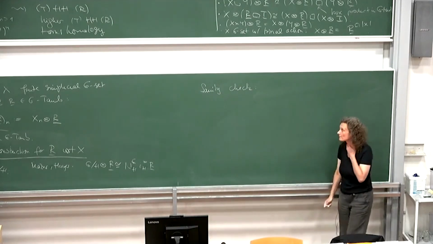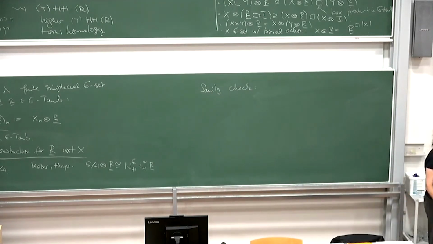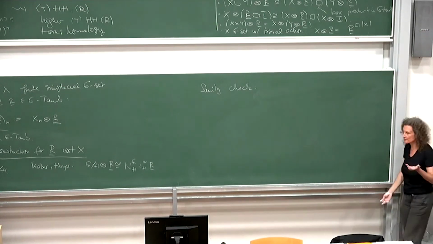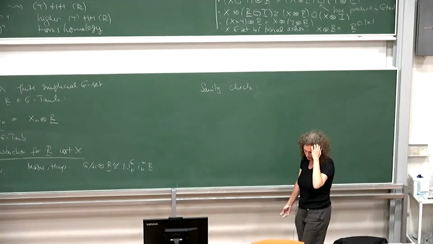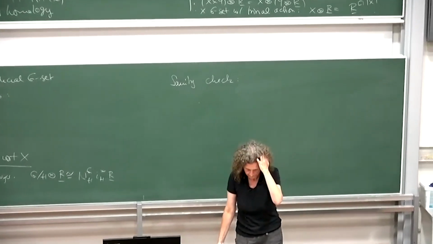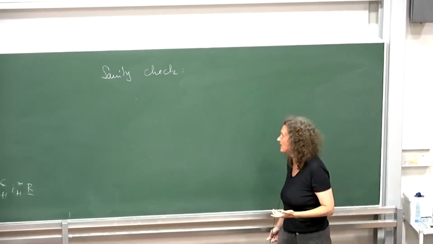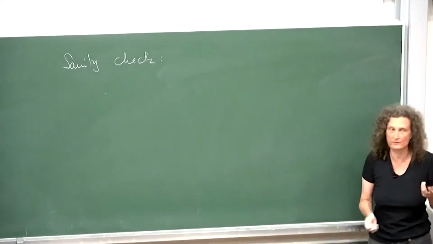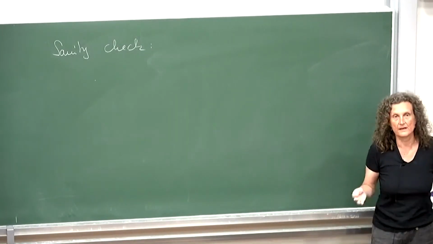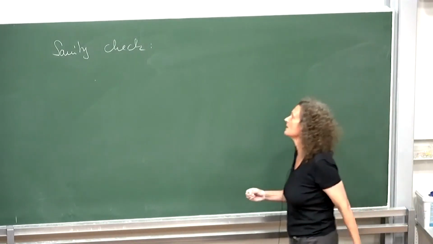So if you have a finite simplicial set and you view it as a simplicial G-set with trivial action, and if you just plug in a commutative ring and you view it as a G-ring with trivial action, then this should not give anything new.